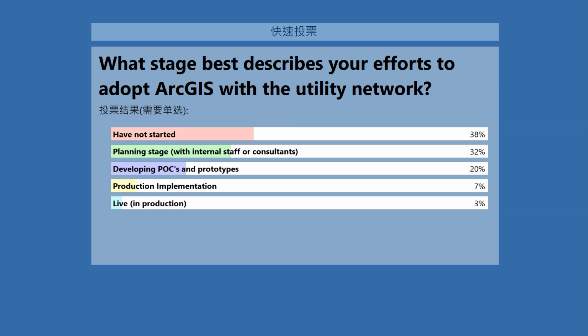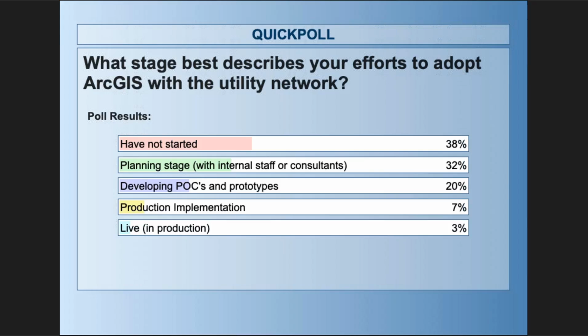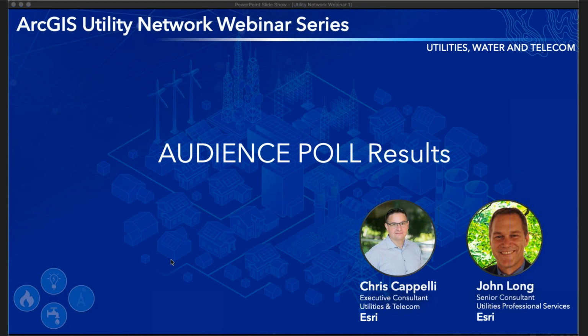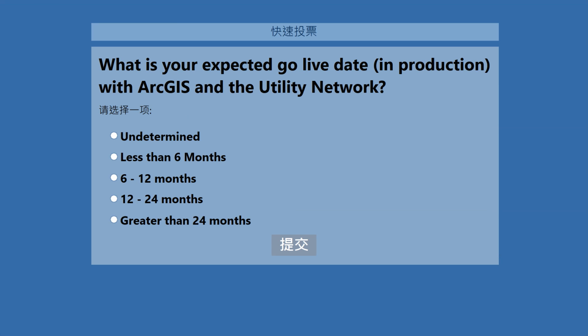So with that, I'd like to step into the next poll. So poll 2 of our 2-part poll. What is your expected go-live date in production with ArcGIS and the utility network?